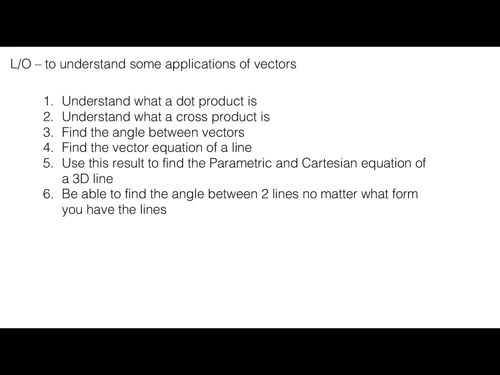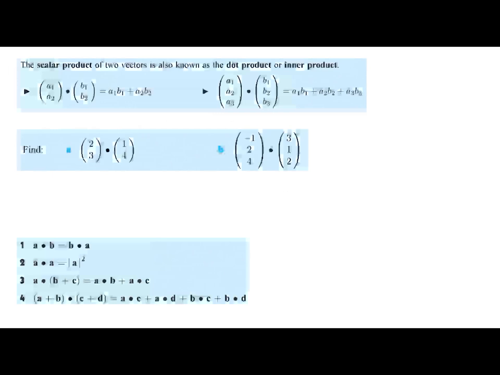It is a Cartesian equation of a two-dimensional line, but you can also do it in 3 dimensions. Following on from that, you should then be able to find the angle between two lines, whether you have the lines in a vector equation form, parametric equation, or a Cartesian equation. There are probably a lot of words here that don't make any sense at the moment, but hopefully by the end of these videos you'll know what I'm talking about.